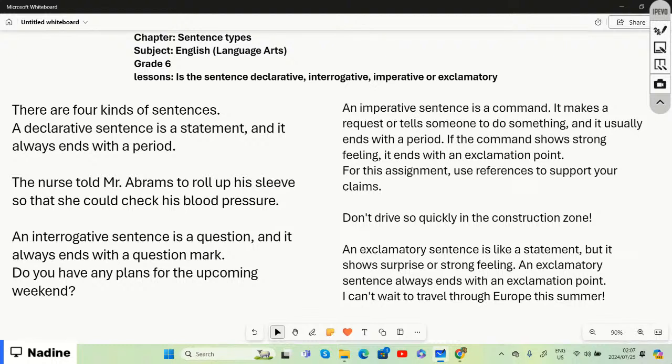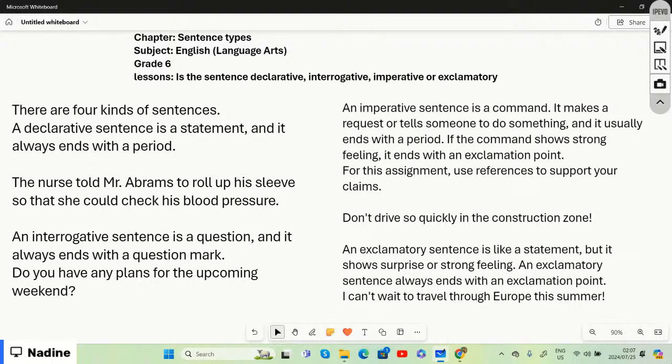Then we have an imperative sentence. An imperative sentence is a command.